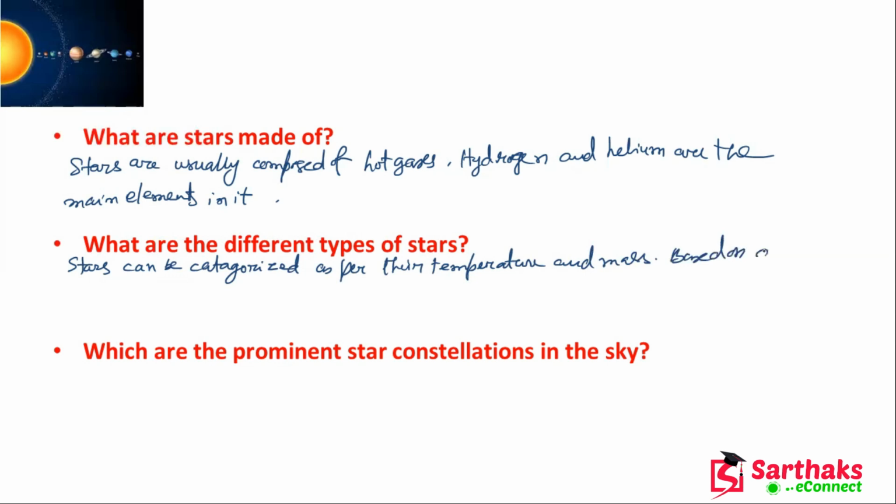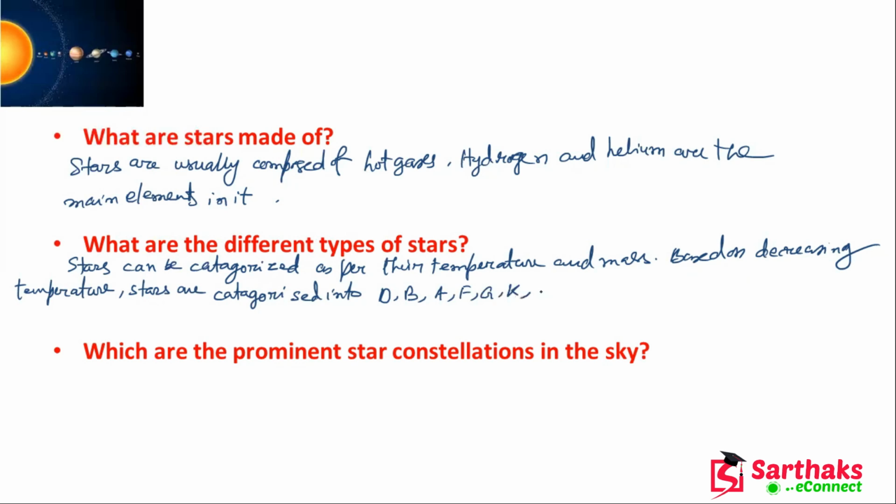Based on decreasing temperature, stars are categorized into O, B, A, F, G, K, M. M stars are common, dim, fuller, and yellow or red in color. O stars are rare and very bright, hot, and blue or white in color.